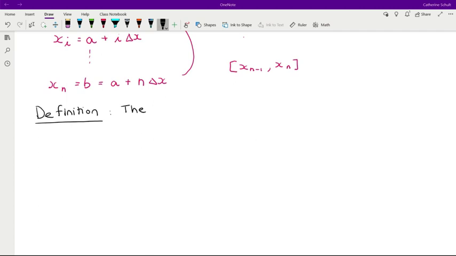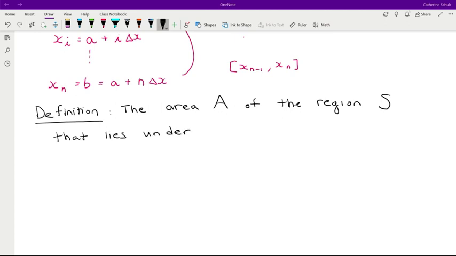So let's say that the area, we'll call it capital A, of the region S that lies under the graph of f, and for now we're just going to focus on continuous functions.